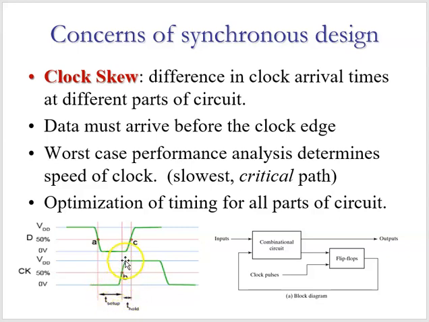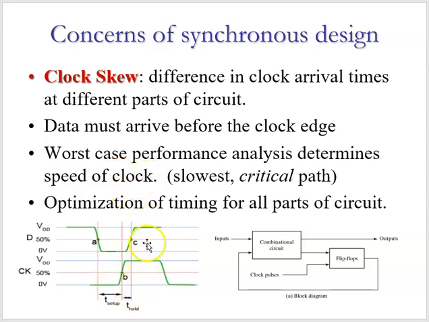The data must be stable a certain setup time before the clock edge, and it must remain stable a certain hold time after the clock edge. So in this case, this flip-flop would sample a binary zero, as long as it meets the setup and hold time.